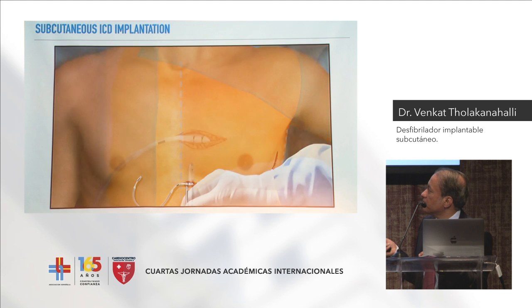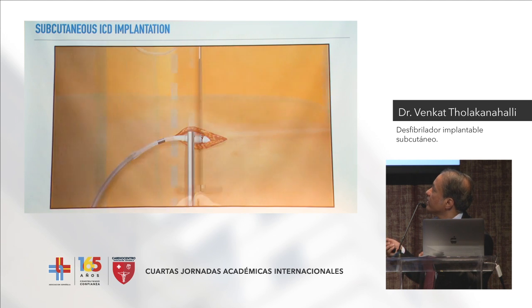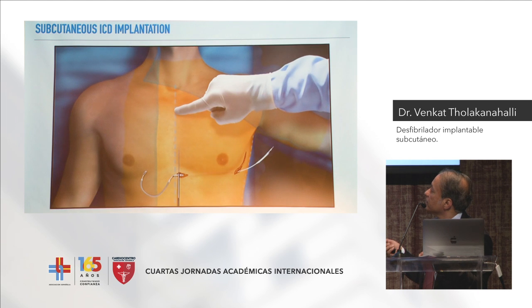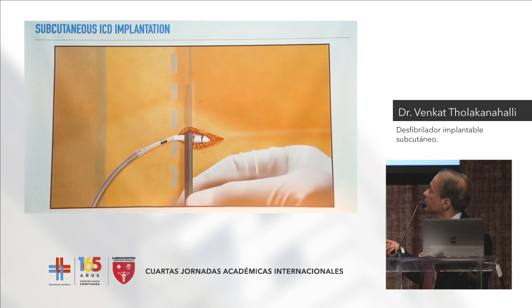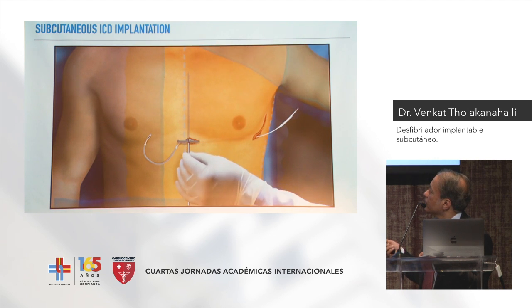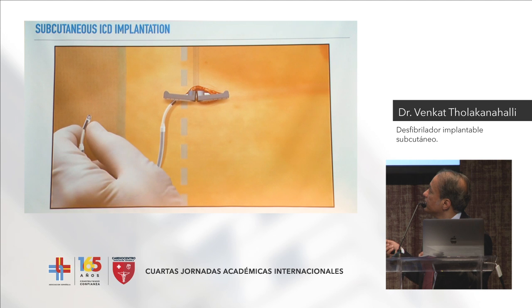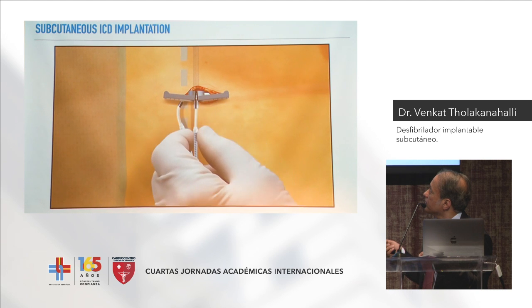So you basically tunnel up right next to it, parallel to the sternum, very close to the sternum, keeping in place. Once the tunneling comes to that mark of the second rib area, you place that sheath, then take the tunneler out, and you basically slit it open and place this lead, push it inside that particular tunnel.